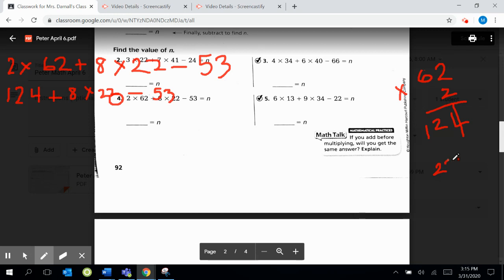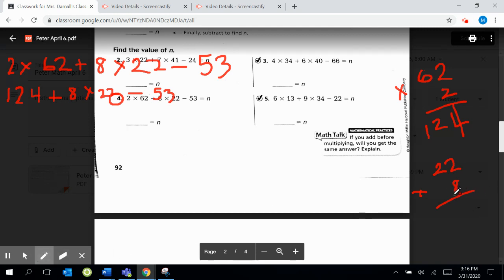So 22 times 8, maybe you can just do this in your head. 8 times 2 is... no. I hope I didn't trick you there, because 8 times 2 is not 4.